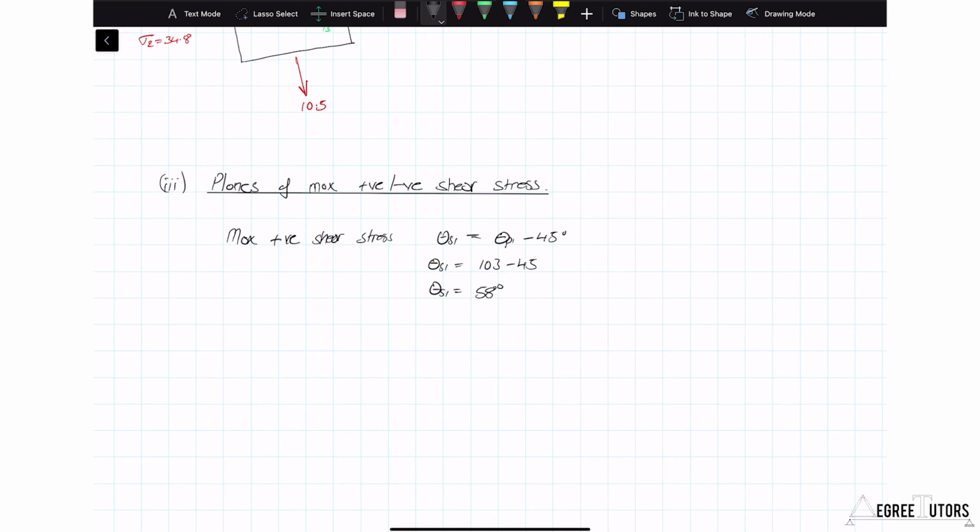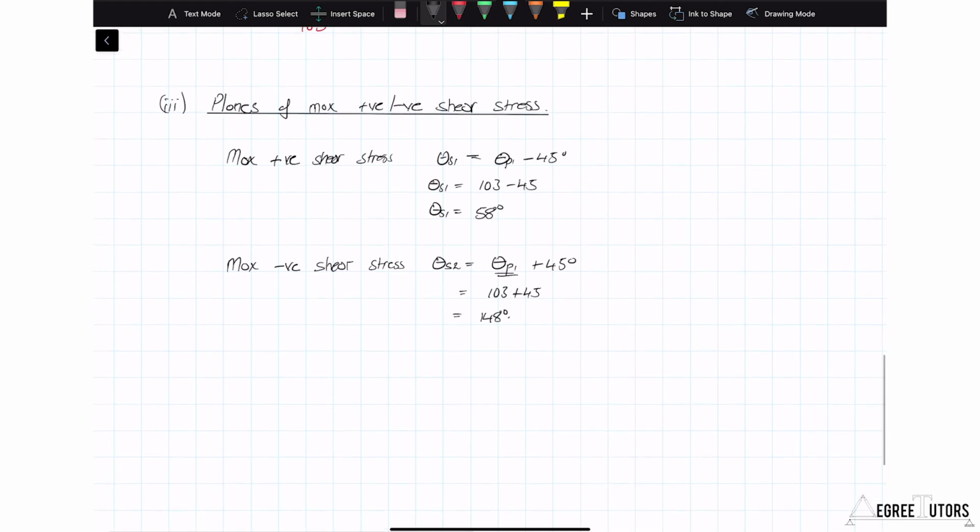And then the maximum negative shear stress, theta s2, is equal to theta p1, again it's p1, not p2, plus 45 degrees, which is going to be my 103 plus 45, which is equal to 148 degrees.